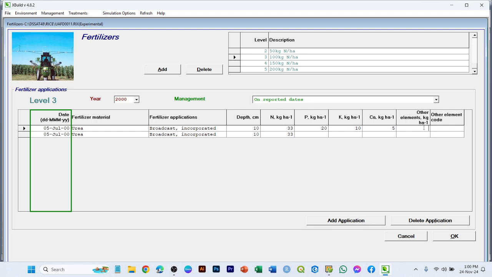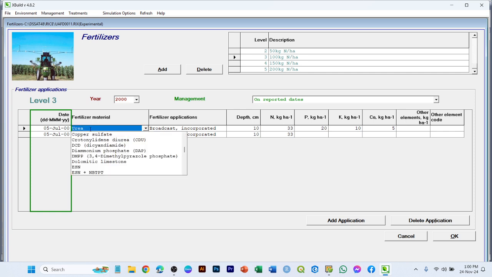There are two ways. The urea contains only nitrogen, so create another level for phosphorus. Exactly, you are on the right track. Yes, I can show you.